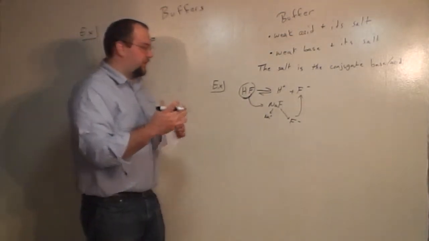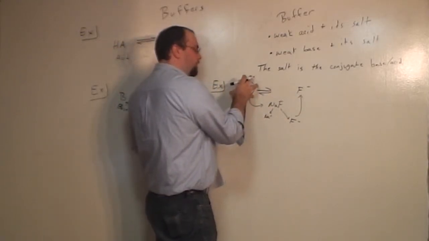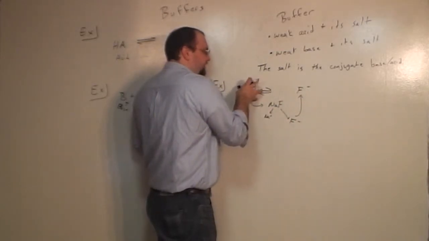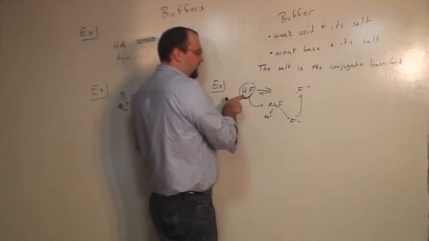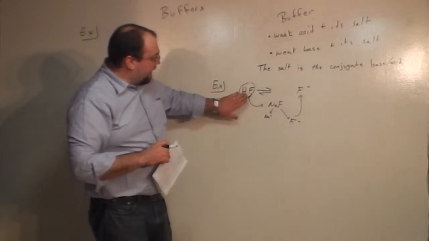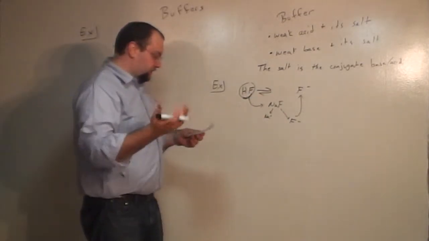It's going to allow both a base to react with something and an acid. I have both an acid and a base. So no matter what I add, if I add a base, it's going to react with the HF. If I add an acid, it's going to react with the F minus. So no matter what I add, it's going to react. And this is true for anything else.